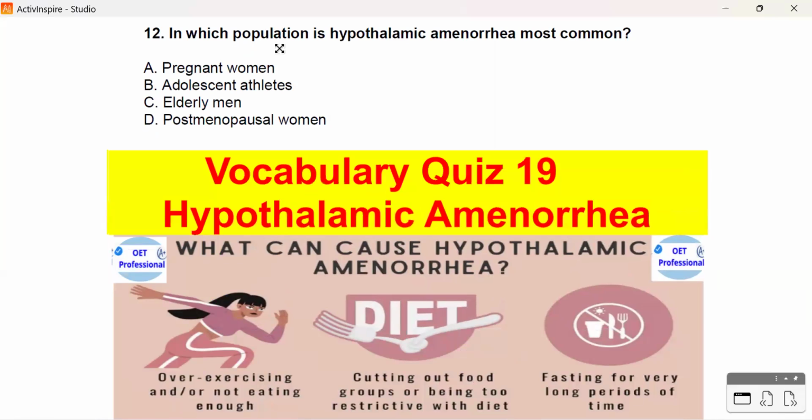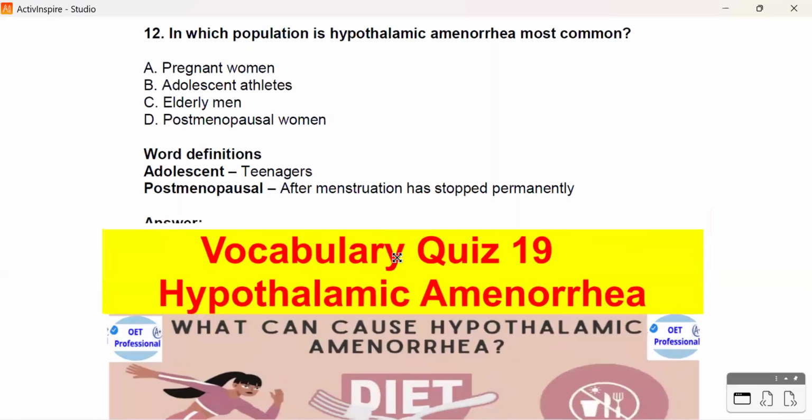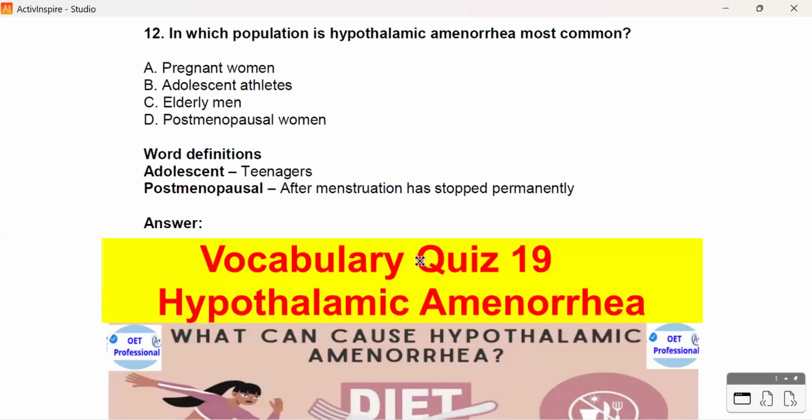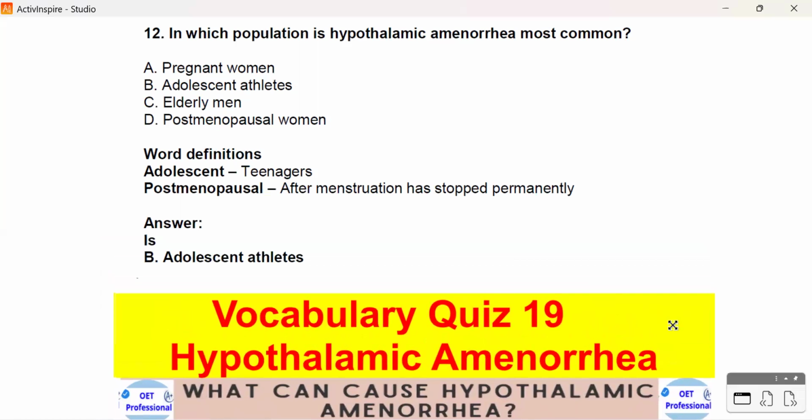In which population is hypothalamic amenorrhea most common? Pregnant women, adolescent athletes, elderly men, postmenopausal women. The correct answer is adolescent athletes.